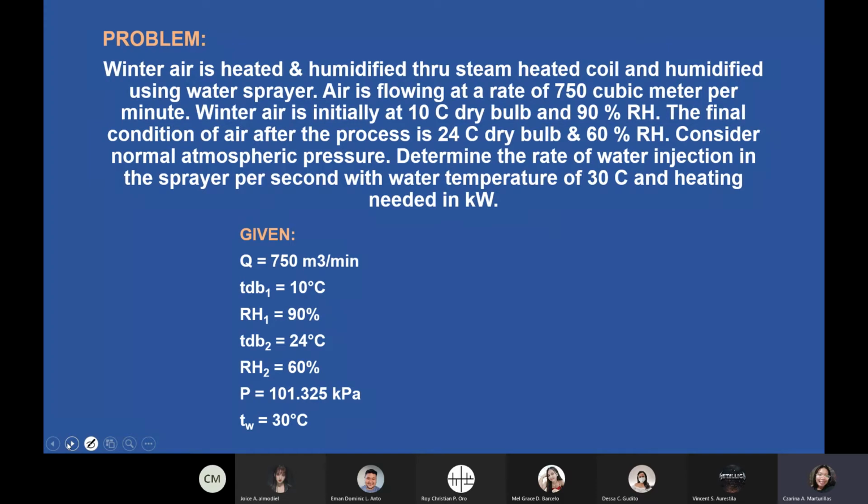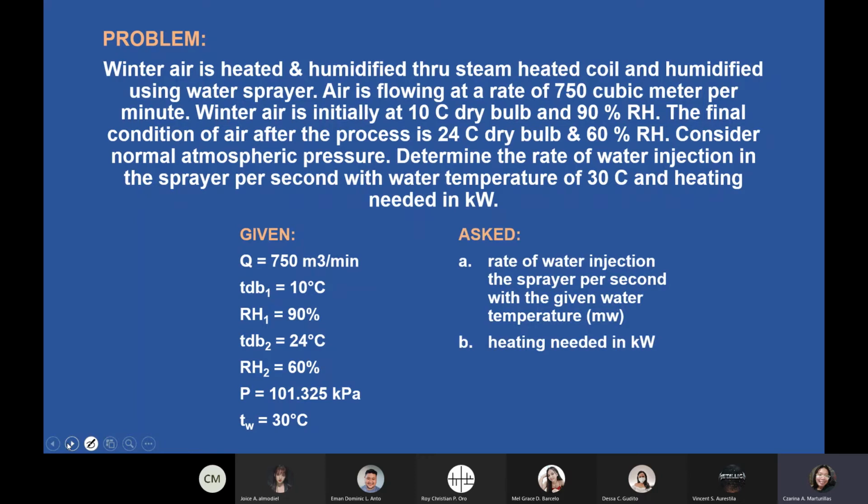This pertains to the mass flow rate of the water sprayed to humidify the air, and also the heating needed in kilowatts.